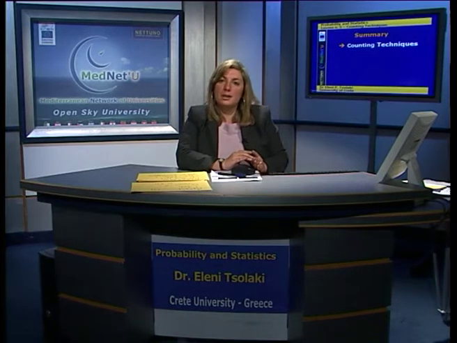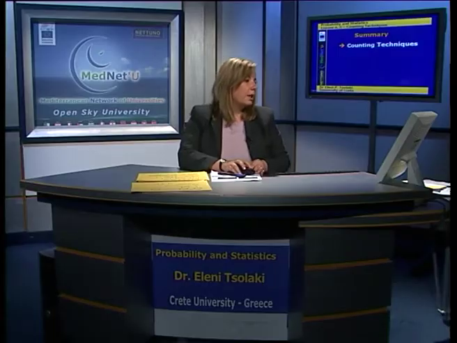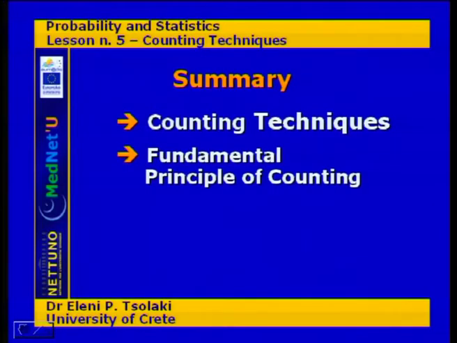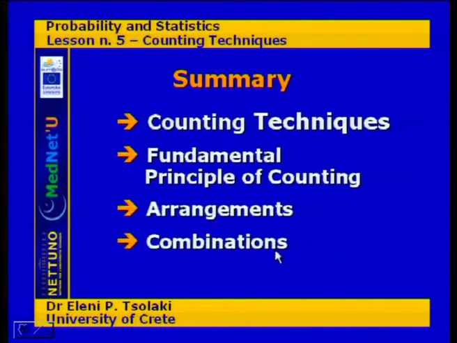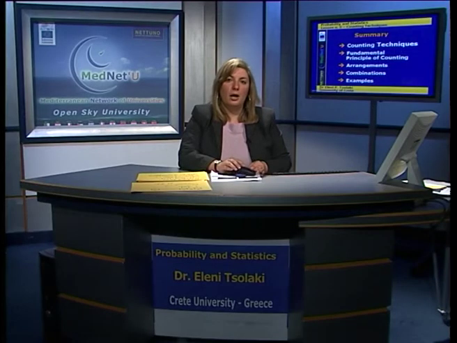We said that we can divide the number of elements in an event by the number of elements in the sample space. And in particular, we have seen the fundamental principle of counting, the arrangements, combinations, and different examples on how to use all these techniques.